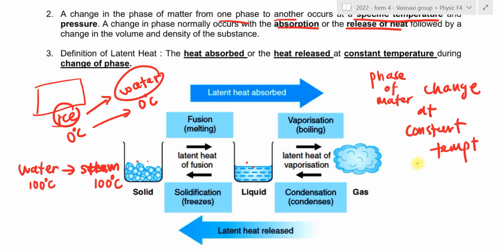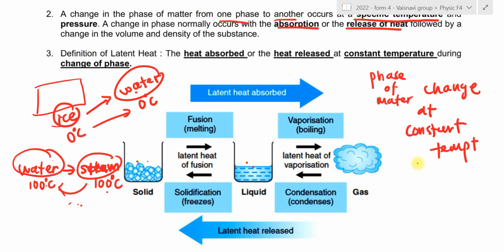So the temperature doesn't change, but the phase of matter changes from water to steam by boiling. Or the reverse process is also true. It condenses also at 100 degrees Celsius. The temperature does not change but the phase of matter is changing. Then we call this latent heat. We just give it a slightly special name.